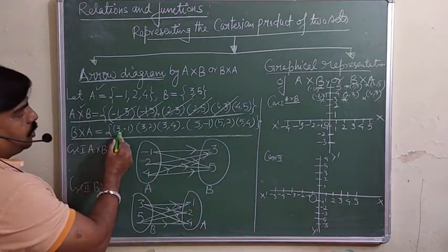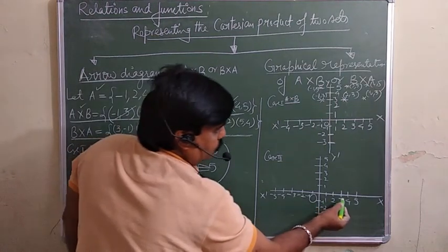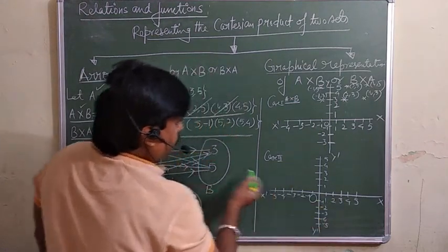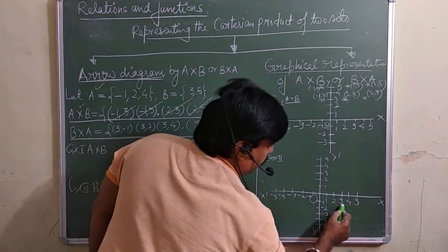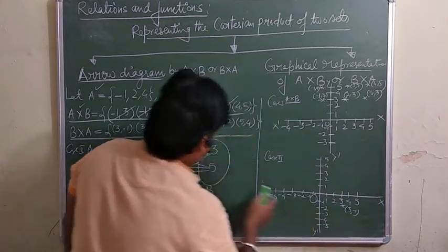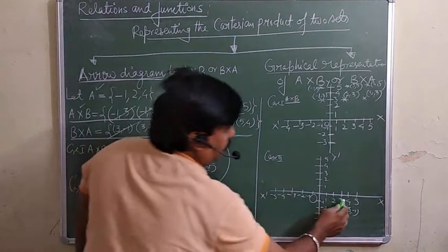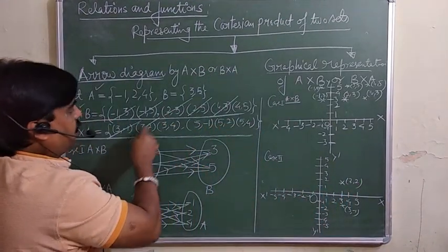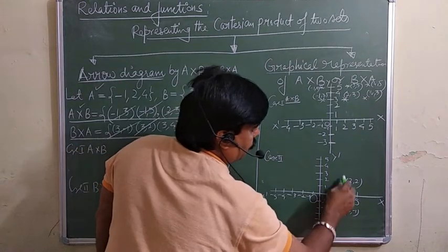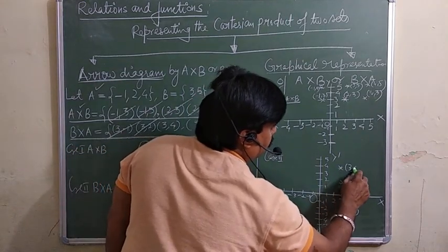Now for B cross A: x equal to 3, y is -1, so you are here at 3, -1. Then 3, 2: x equal to 3, y is 2, so this is 3, 2. Then 3, 4 is here.